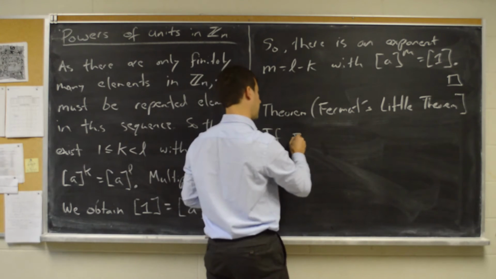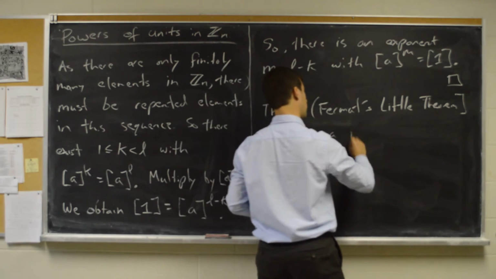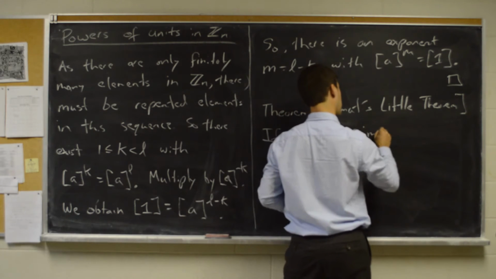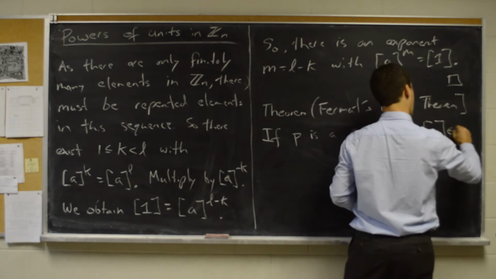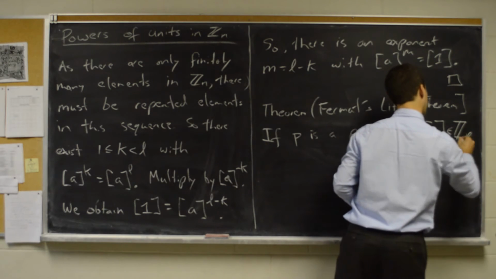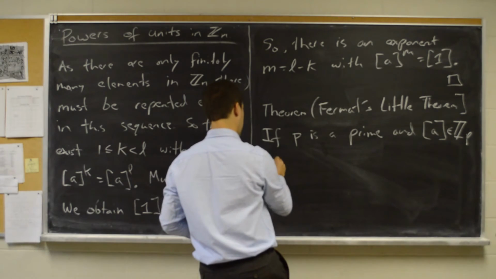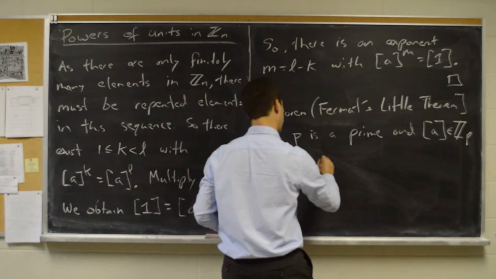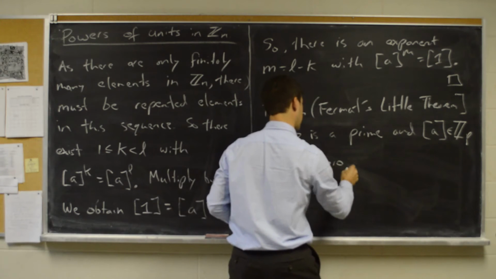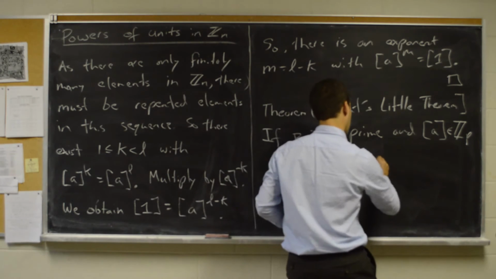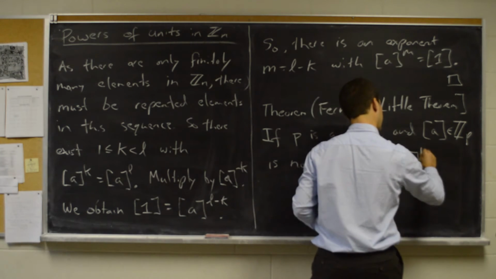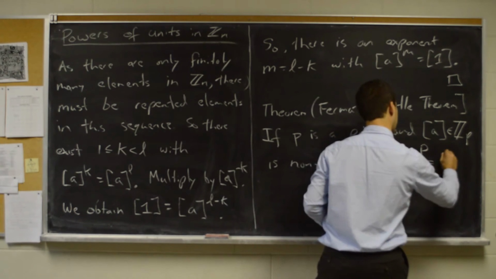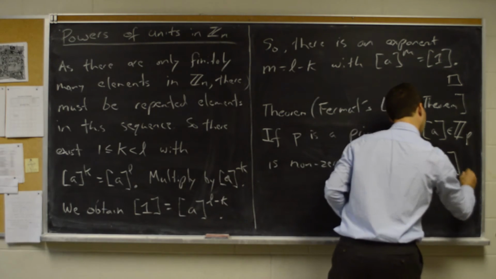If p is a prime, and a in Z_p is non-zero, then a to the p is a.